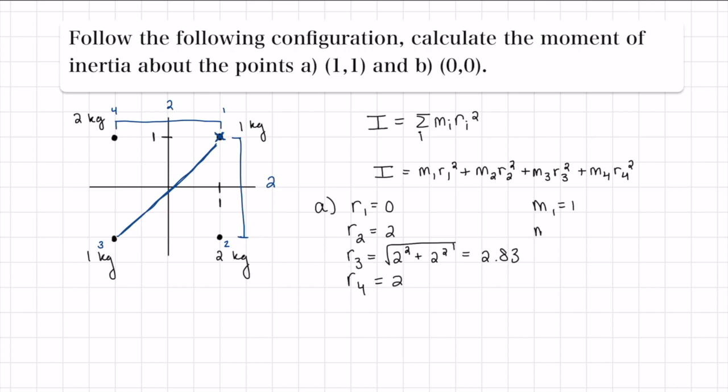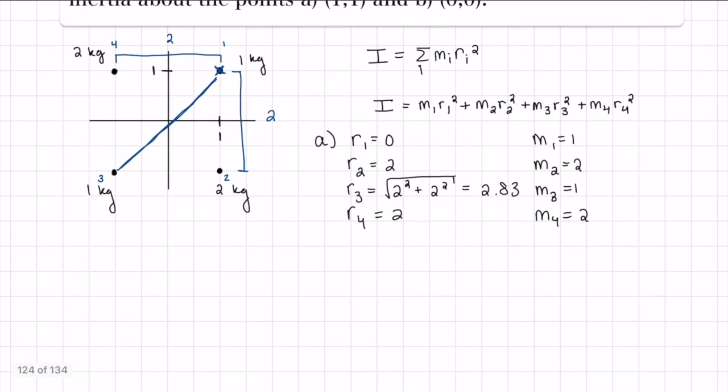So m1 is 1, m2 is 2, m3 is 1, and m4 is 2. And then we can plug those into our equation. So I'll call that I_A. It will be 1 times 0 squared plus 2 times 2 squared plus 1 times 2.83 squared plus 2 times 2 squared. And if we add all those together, we get the moment of inertia is equal to 24.